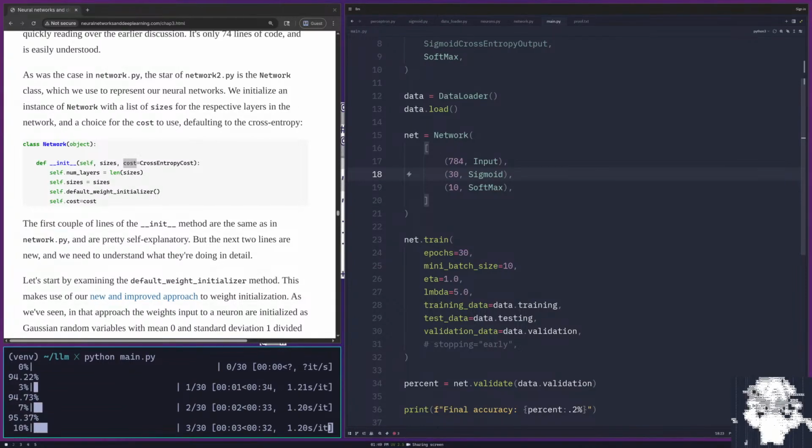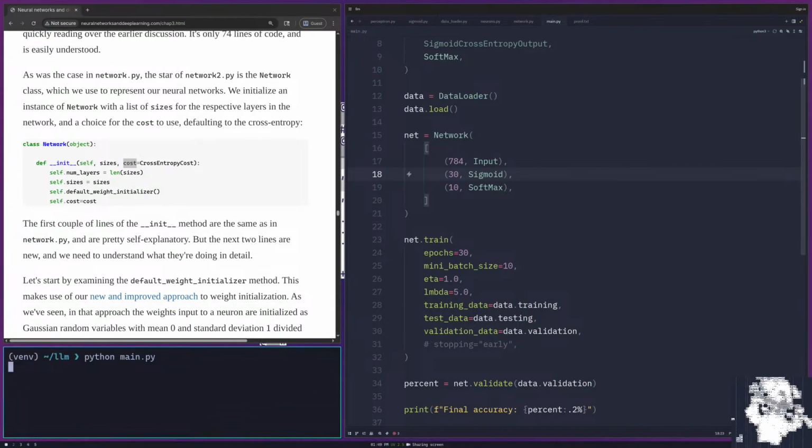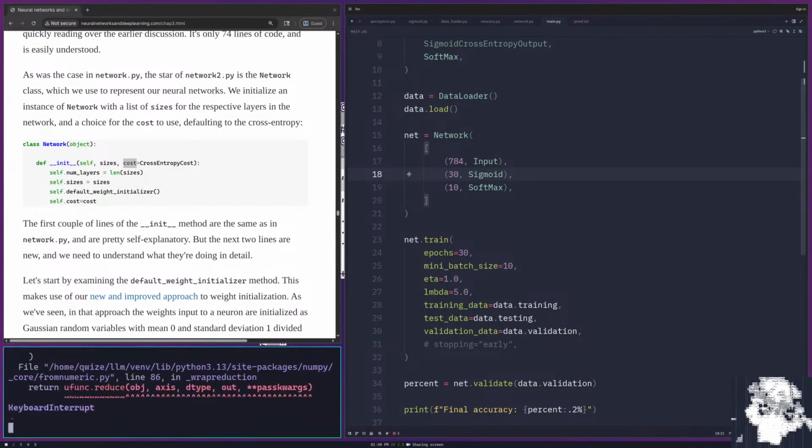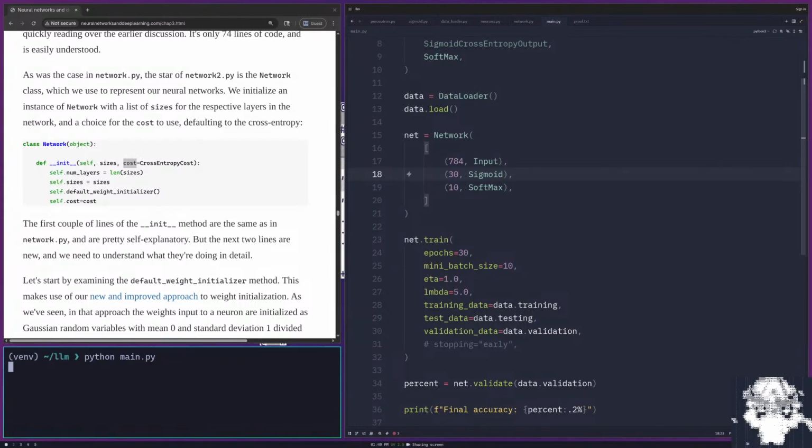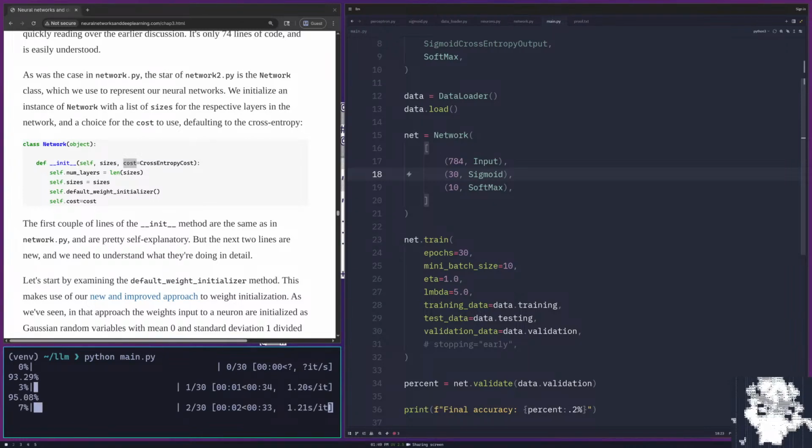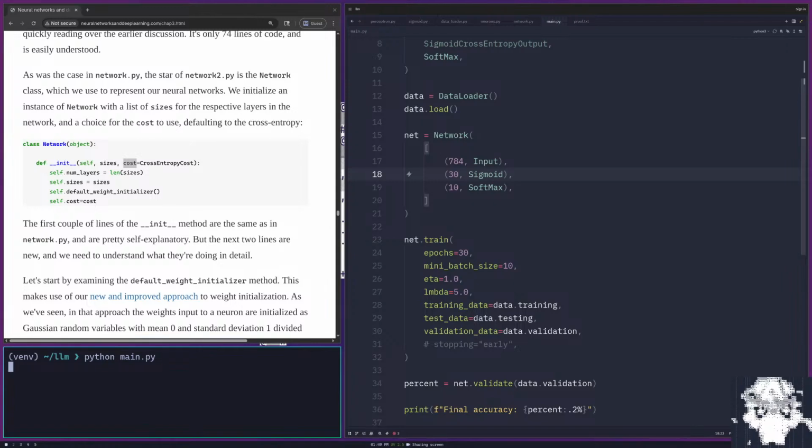Oh, that works great. I mean, softmax makes more sense to me than sigmoid with cross entropy for our output. And it seems like it's actually giving better results also. Starting at 94, then 93.2, that time was less lucky. But then we jumped to 95 at the second one.